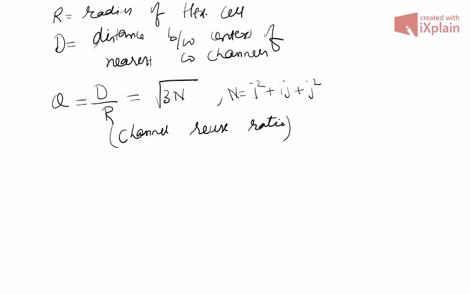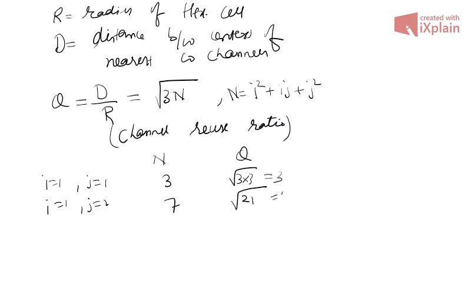As an example, if you take i is equal to 1, j is equal to 1, so your cluster size N is 3, your ratio Q, that is root of 3 into 3, which is 3. Similarly, if i is equal to 1, j is equal to 2, this N is 7, and this will be root of 21, which is 4.58.